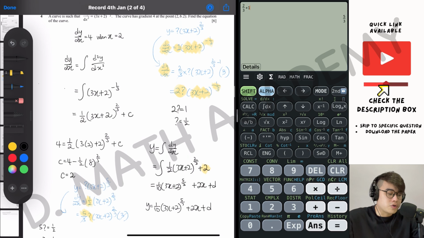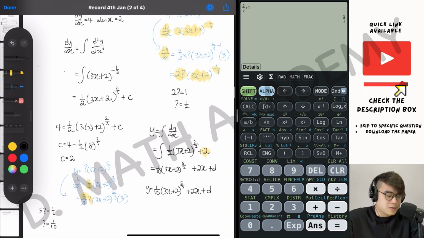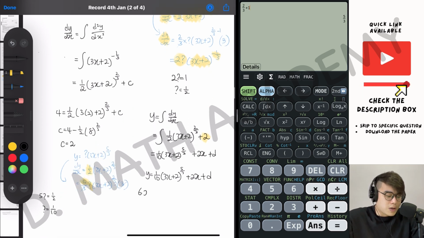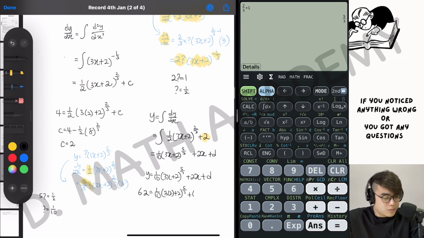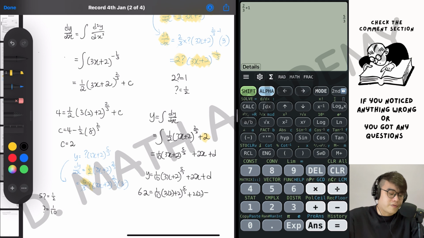So time to sub in the points that were given to us. We have 6.2 as our y here, and then our x here as 2. Okay, then you'll be able to find your D's result by taking 6.2 minus 1 over 10 with the brackets of 8 to the power of 5/3.